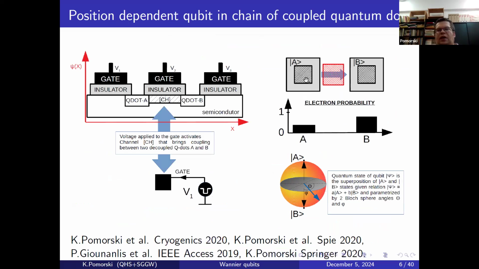You have semiconductor quantum dot A and semiconductor quantum dot B. Those dots are interconnected in a way that an electron can tunnel, or a hole can tunnel, from the left to the right quantum dot and back and forth. Then presence on the left quantum dot is assigned logical value 0, and presence on the right quantum dot is associated with logical value 1.